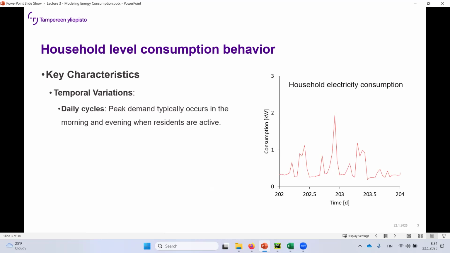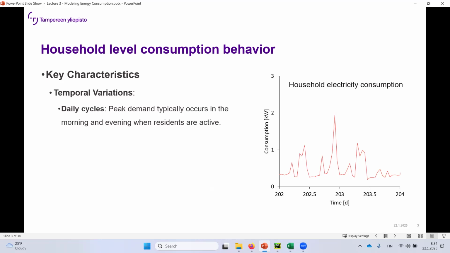So let's start with the household level consumption behavior. And behavior is a word that you have to take into consideration in all of these models. So the behavior of human beings makes the load profiles the way they are.